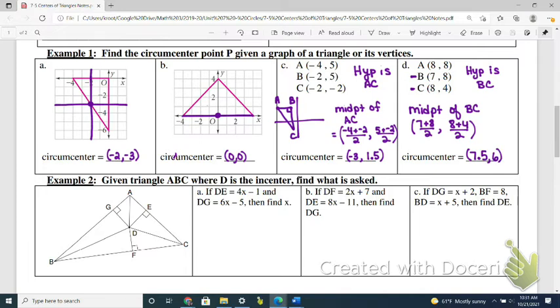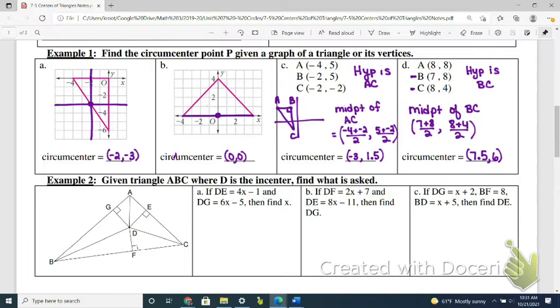In example 2, it says, given the triangle ABC where D is the incenter, find what is asked. So if I look at question A, and when you have these sort of things, you will want to be able to sketch it out or draw out the parts you need. In this case, I'm just going to use the triangle that's there, and I'm going to erase and come back and do that.